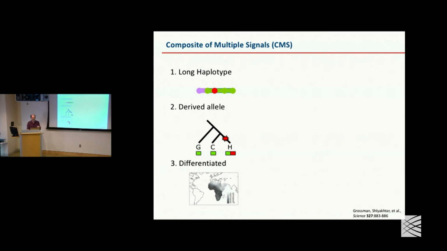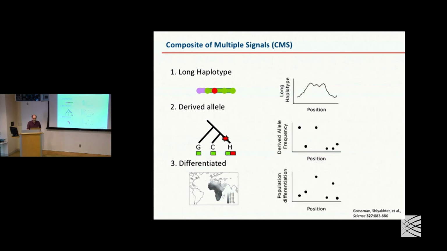an approach adopted by Pardis Sabeti at the Broad was what she called composite of multiple signals. You just combine them in a single statistical test. You combine the information about long haplotypes and derived alleles and differentiation between populations, and you statistically combine them and try to narrow in on what variant was actually responsible, or what particular gene was actually responsible.